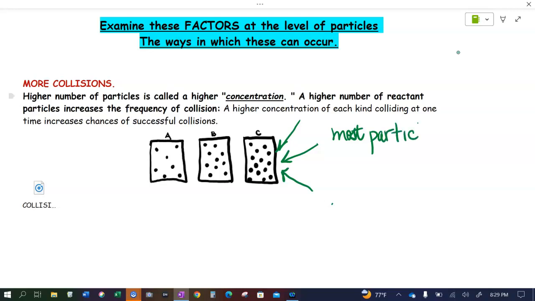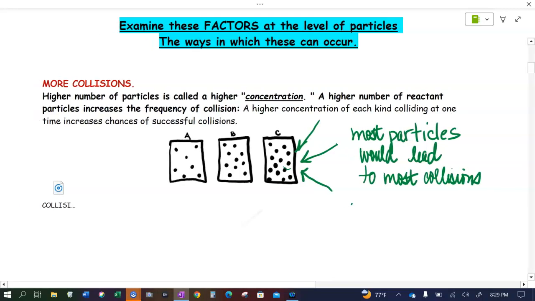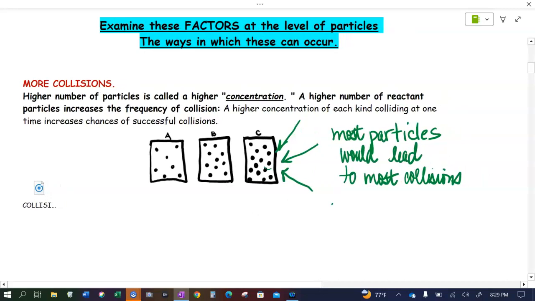If we were a crowd with the density of C, it would be possible to bump into people more often. So most particles would lead to the most collisions. See how this relates to our common sense understanding of bumping into people.